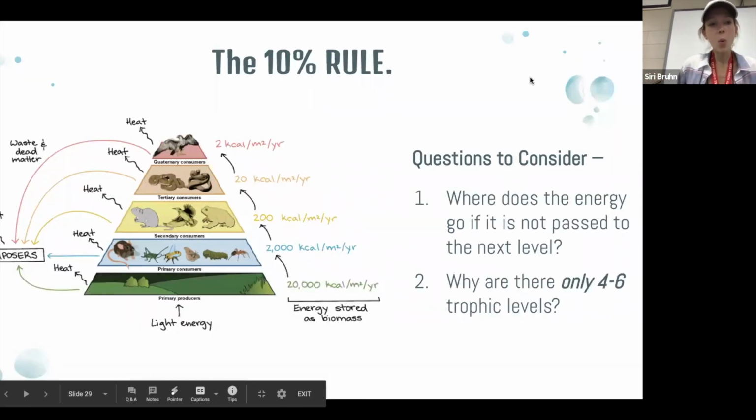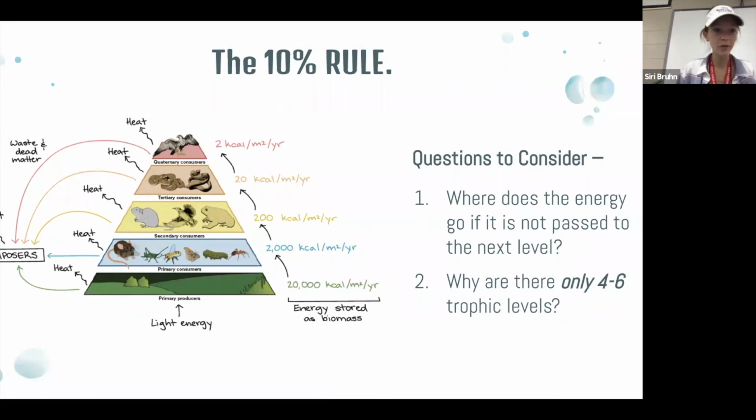Number 2, why are there only 4 to 6 trophic levels on most food pyramids? There's 5 in this particular one, but why do we stop there? If you can answer this question, I think you pretty much get this. So even if you don't want to say it to the group, self-check. Do you understand why we cap off our food pyramids at 4 to 6 levels?